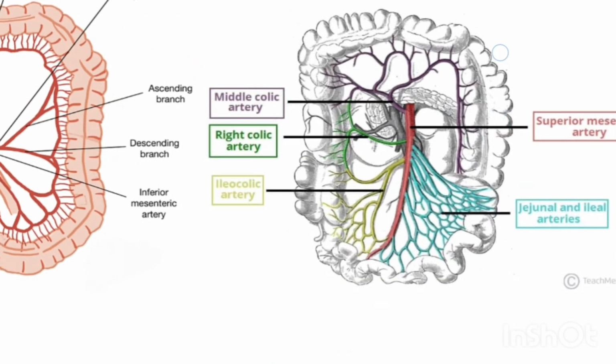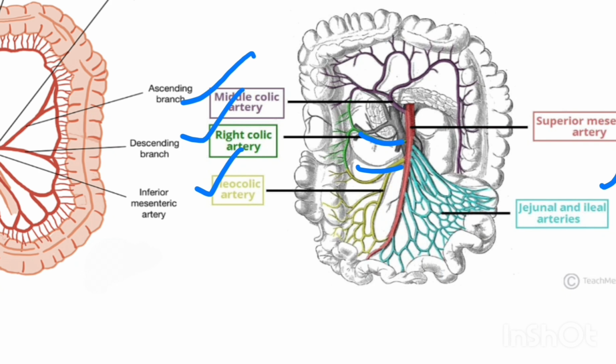So these are the right side: the middle colic, right colic and ileocolic arteries arise from the right side, whereas the jejunal and ileal arteries arise in the left side.